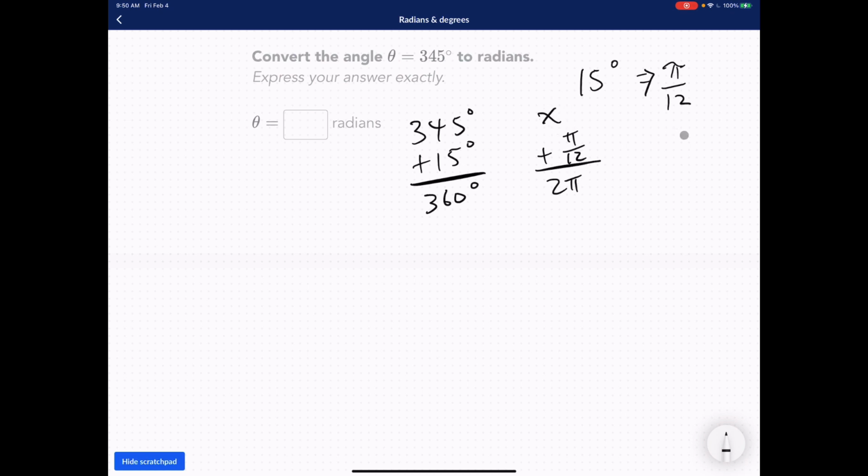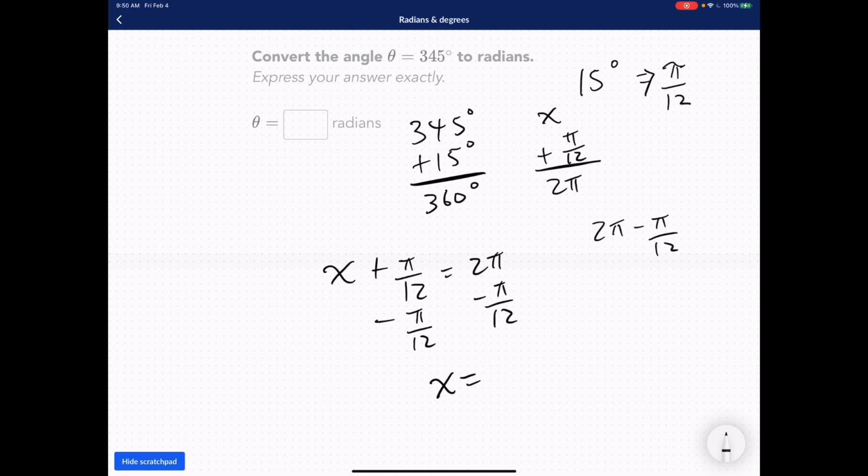So now let's solve for x. We got x plus pi over 12 is equal to 2 pi, and then we subtract pi over 12 on both sides, and then we got x is equal to 2 pi minus pi over 12. We have to get the denominators the same.